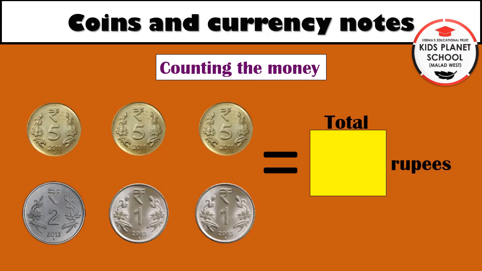So let us begin. 5 rupee plus 5 rupee is 10 rupees. 10 rupees plus 5 rupee is 15 rupees. 15 rupees plus 2 rupee is 17 rupees. 17 rupees plus 1 rupee is 18 rupees. 18 rupees plus 1 rupee is 19 rupees. So here the total is 19 rupees.